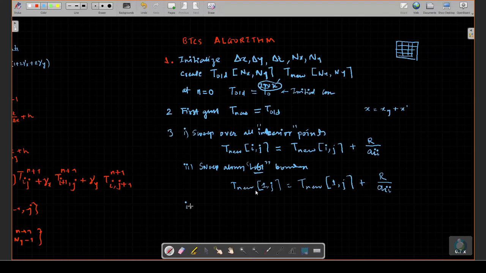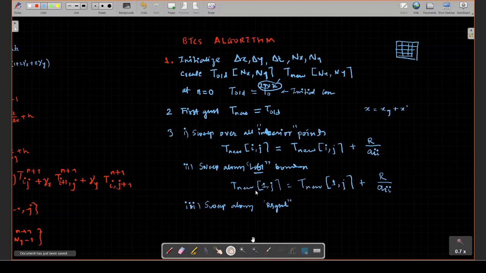Similarly, another loop will be there. Sweeping means you have to make a for loop here. For i equals this, for j equals this, this is one loop. This is another loop. Sweep along the right boundary.